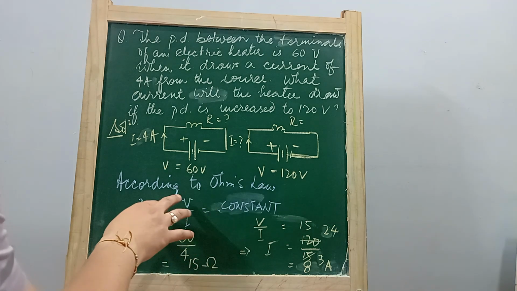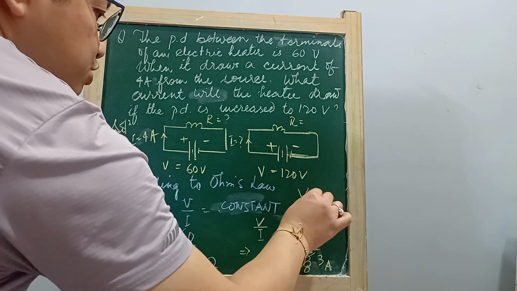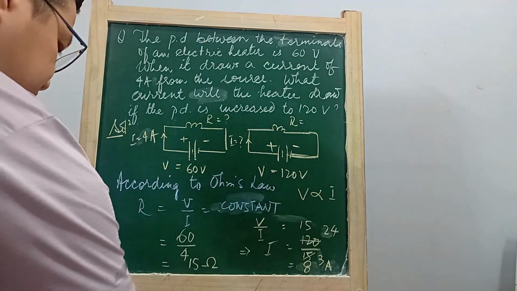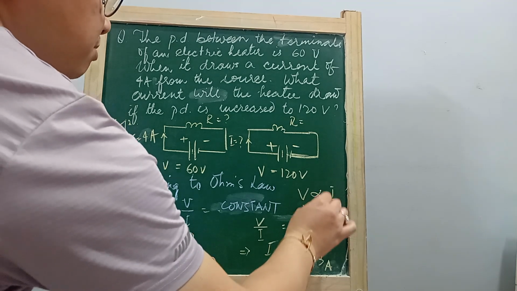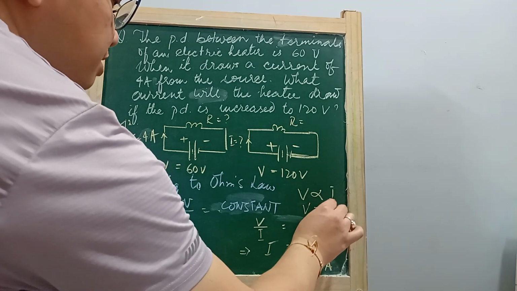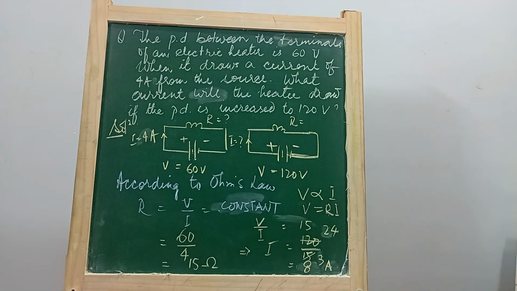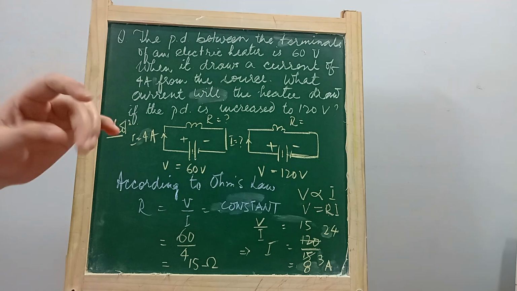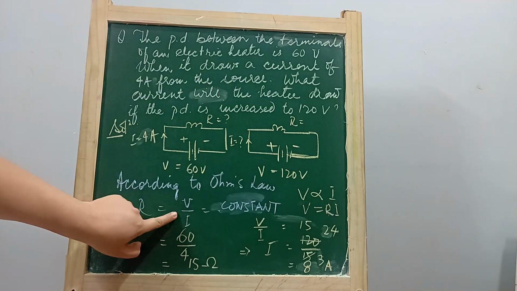So the potential difference is proportional to the current. They are not equal; they are proportional. When you convert this proportional sign into equal, there will be one constant, and that constant is called the resistance of the conductor. That is how resistance is defined: the ratio of potential difference to the current flowing through it.